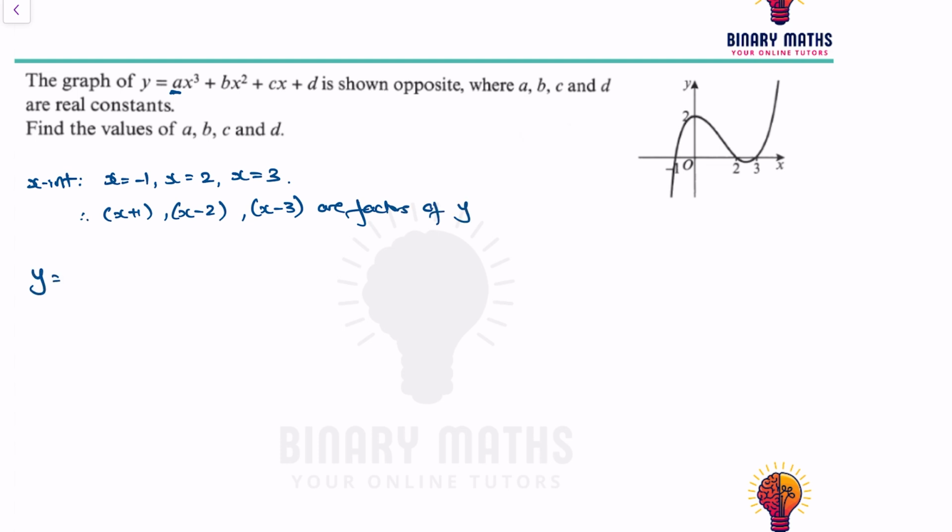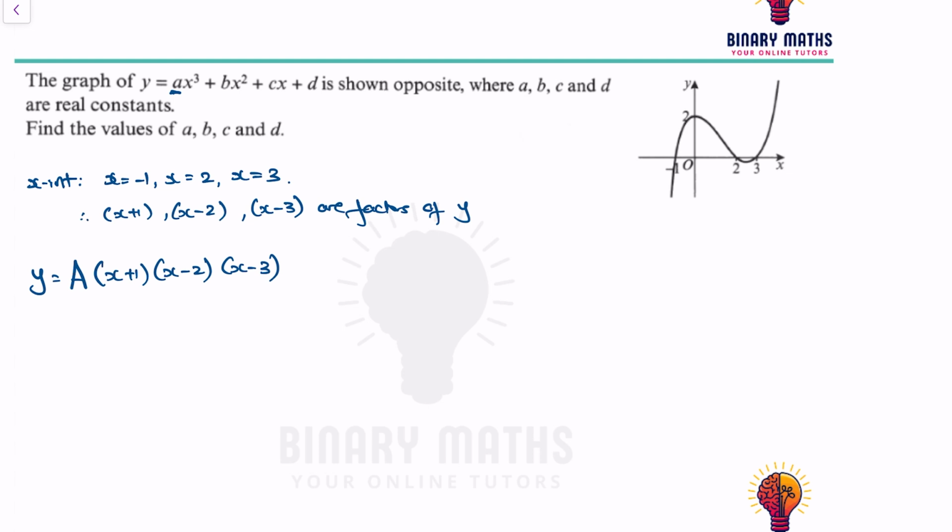So y will be equal to x plus 1 times x minus 2 times x minus 3, and a scalar multiple of that. So we don't know what this number is at the front here. We can't assume it's 1 because a is not 1 there. The little a is not 1. So we know it's of this form.